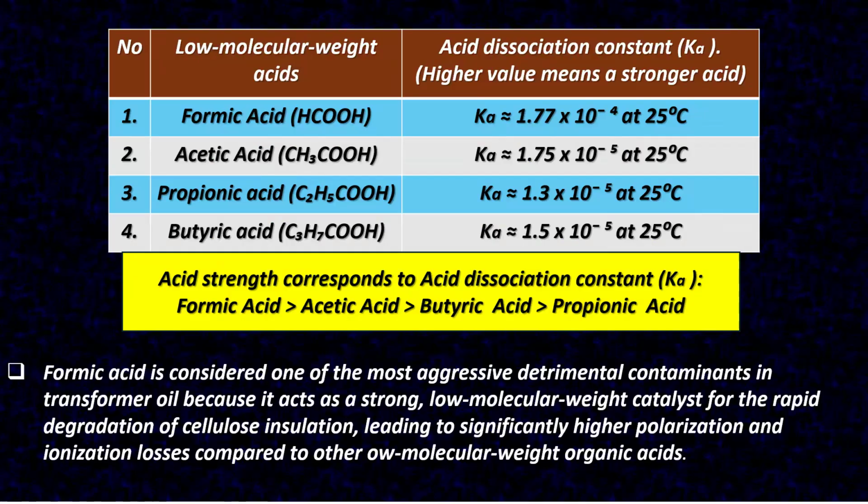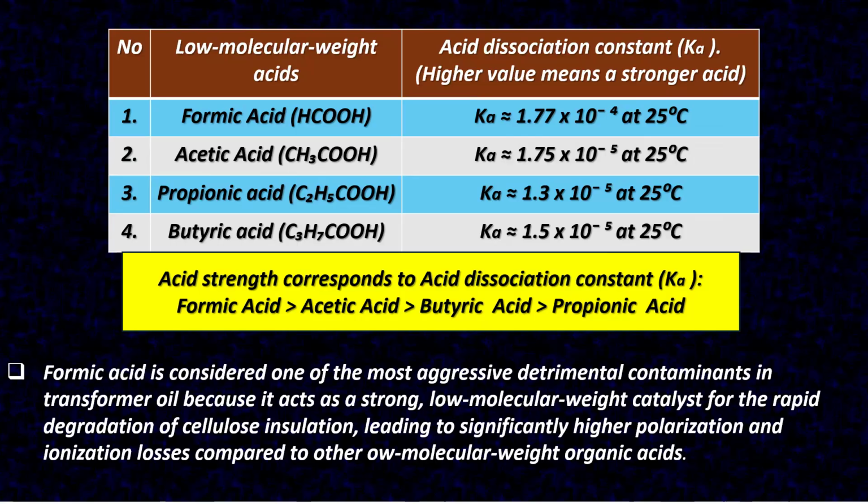Low molecular weight acids, acid dissociation constant, Ka: higher value means a stronger acid. Formic acid Ka is about 1.77 × 10^-4 at 25 degrees centigrade. Acetic acid, 1.75 × 10^-5 at 25 degrees centigrade.